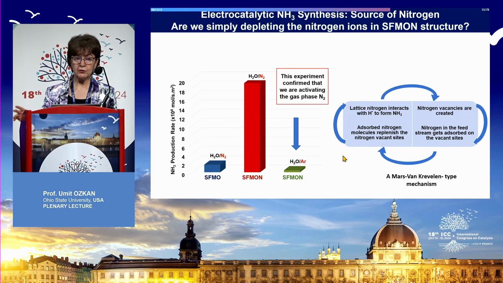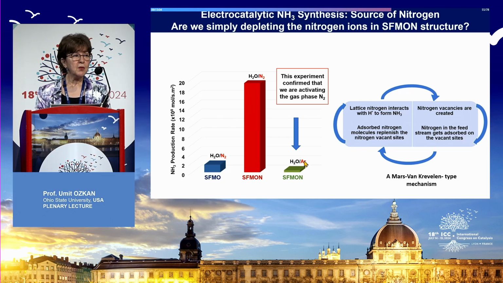A very important control experiment we did was by replacing the gas phase nitrogen with argon. Why was it important? Because we wanted to make sure that the ammonia we're making is not simply using the nitrogen from the lattice, but it is indeed activating nitrogen from the gas phase.